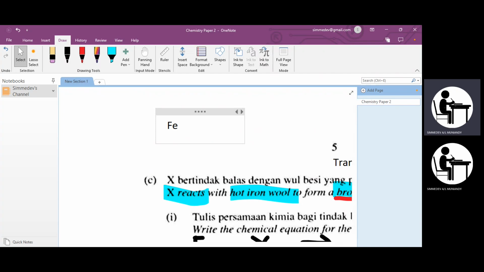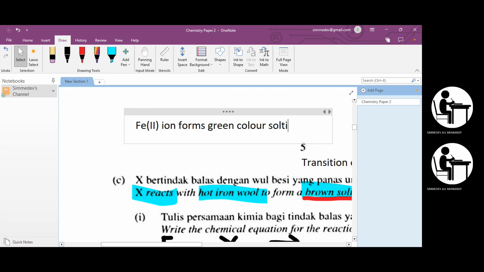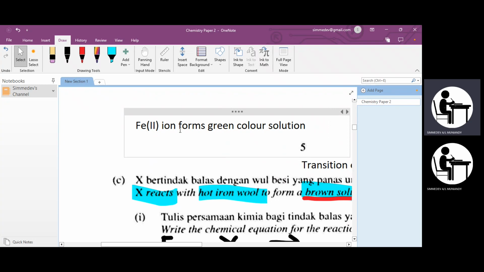If it is the Fe2 plus ion, then it forms a green color solution, and it is dissolved in water. When Fe2 plus ion is present, it is a green color solution.